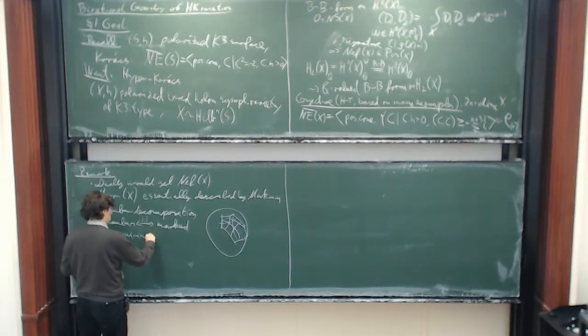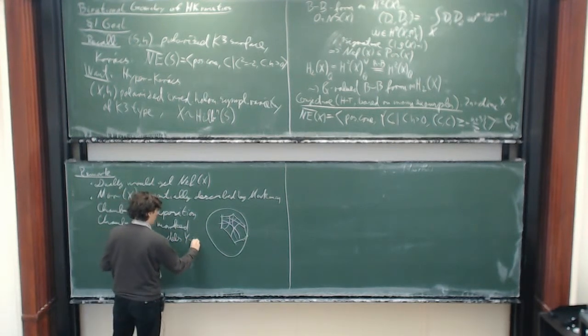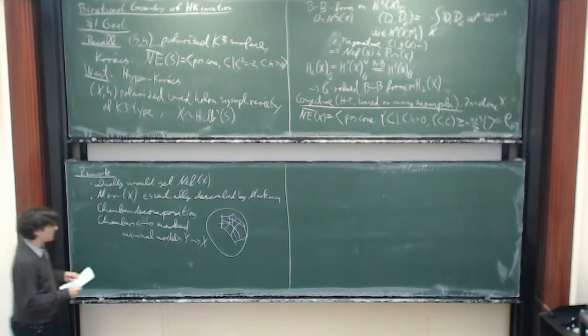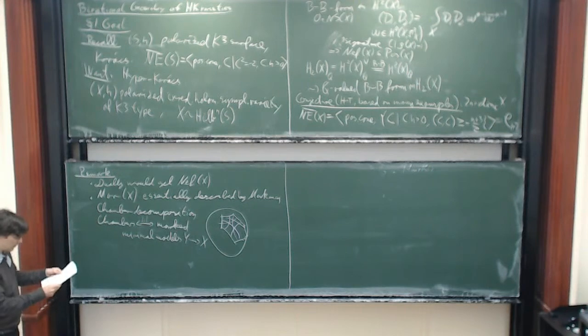In this case, I could just say that Y is smooth and also K-trivial to make this unique. And of course, the decomposition is given by pulling back the Nef cone.